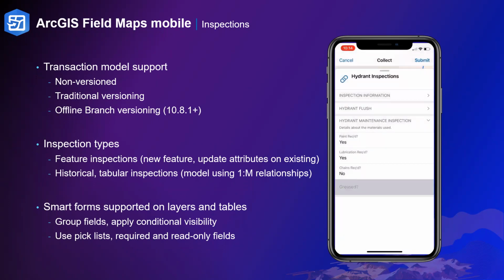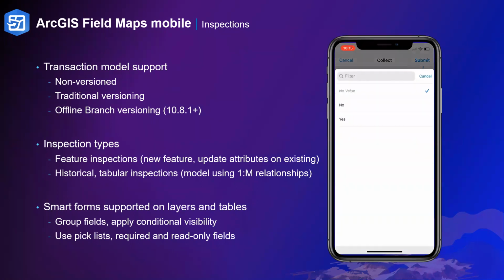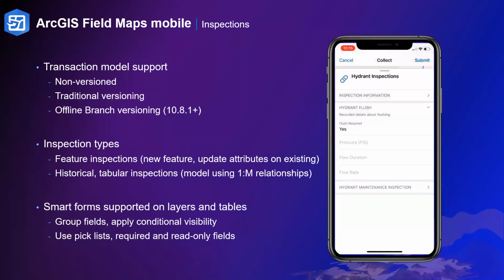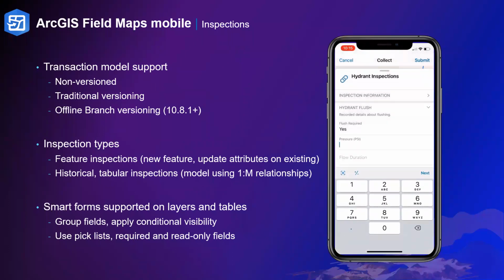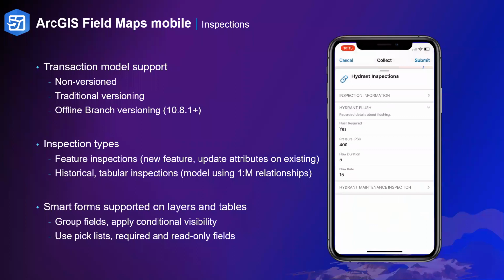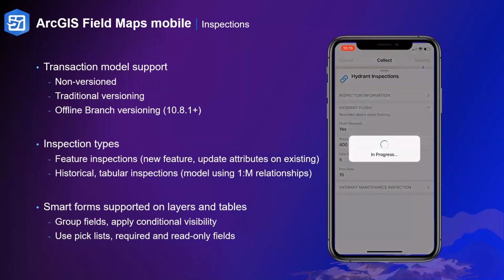If you work with utility network or with parcel fabric, you may be familiar with branch versioning. It's a flatter, simpler versioning model, much more efficient, and a lot more friendly with mobile access, so remote access. So branch versioning is totally supported.